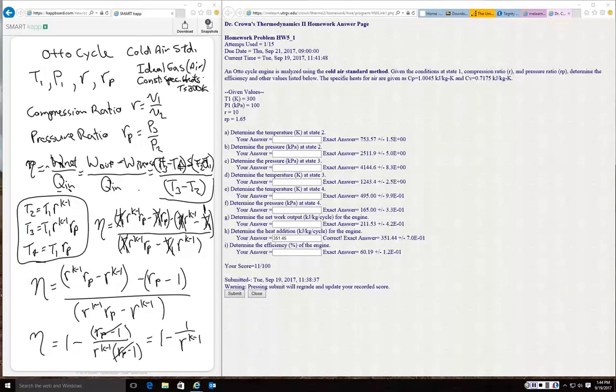But if we don't need the temperatures, then an Otto cycle with k of 1.4 and compression ratio of 10 will simply be 1 minus 1 over 10 to the 0.4. And we don't need to know all the details of the work and the heat transfer and all the temperatures. Of course, if we want all that information, then we can calculate it as we did in this problem.